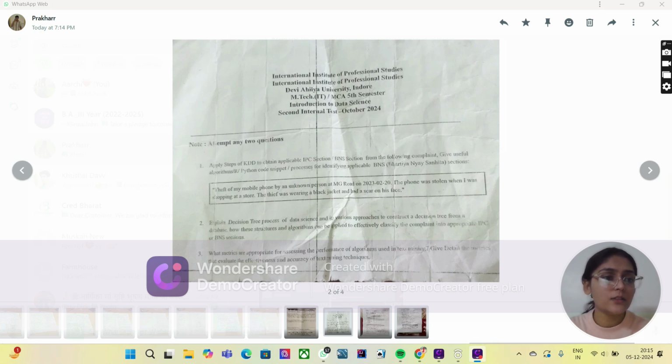Longest common subsequence, measures the length of the longest common subsequence of two strings. Levenshtein distance, measures the minimum number of single-character edits required to change one string into another.